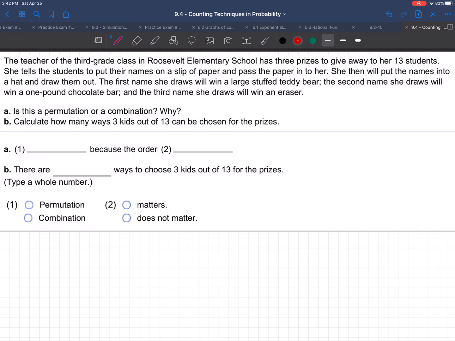Now, honestly, I don't care myself about permutation and combination. It's not important. The way I've instructed this topic, I'm not using those words, but I know those words are commonly used in the K through 8 curriculum, so I want you to be aware of them.